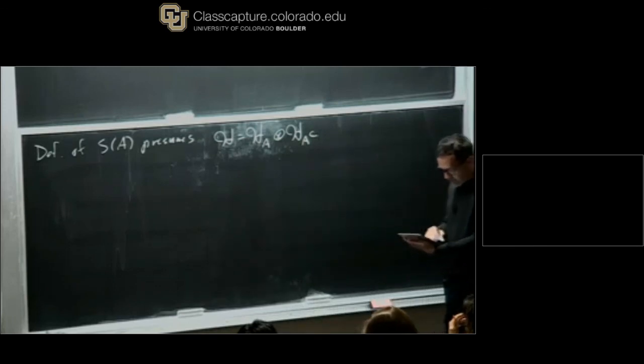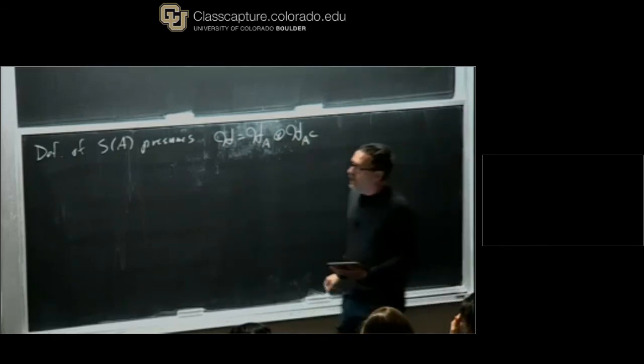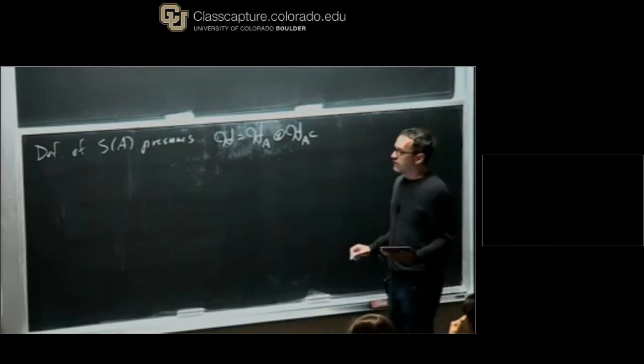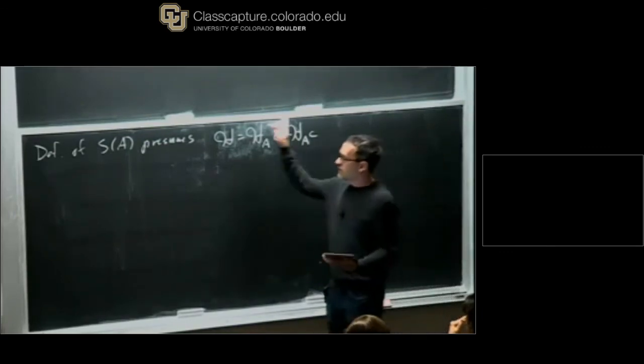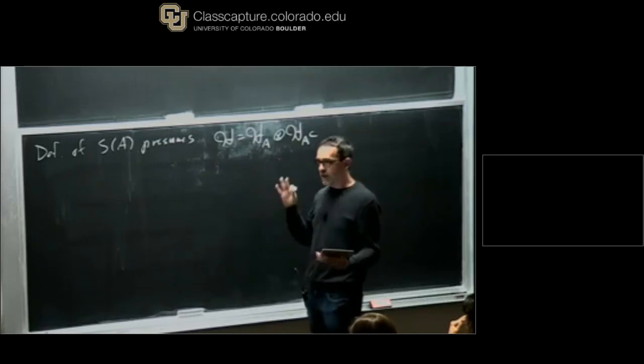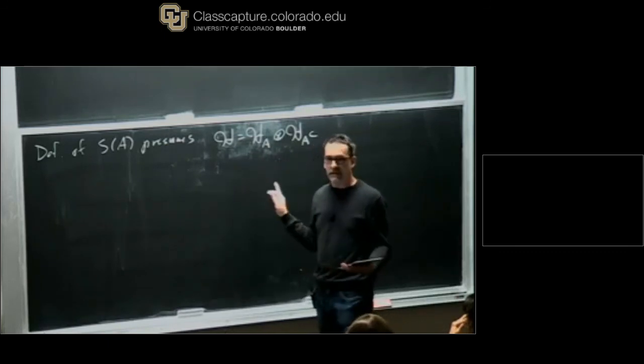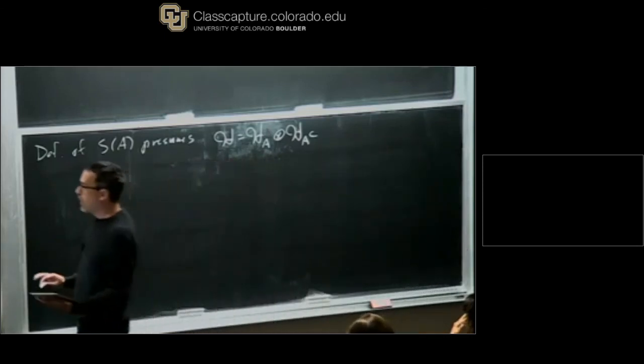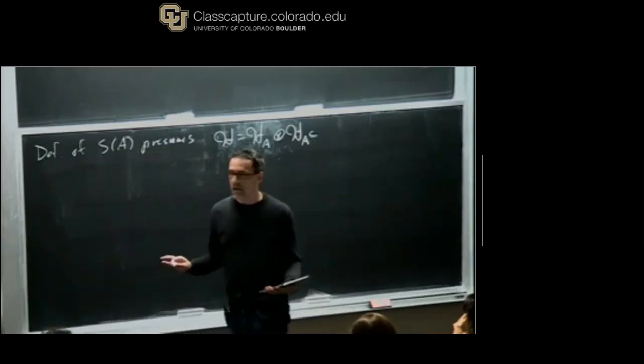Okay? And first, let me just explain at an intuitive level why you should expect something like this, and then I'll say why this is not exactly true. Okay? But just, why should it be roughly true?